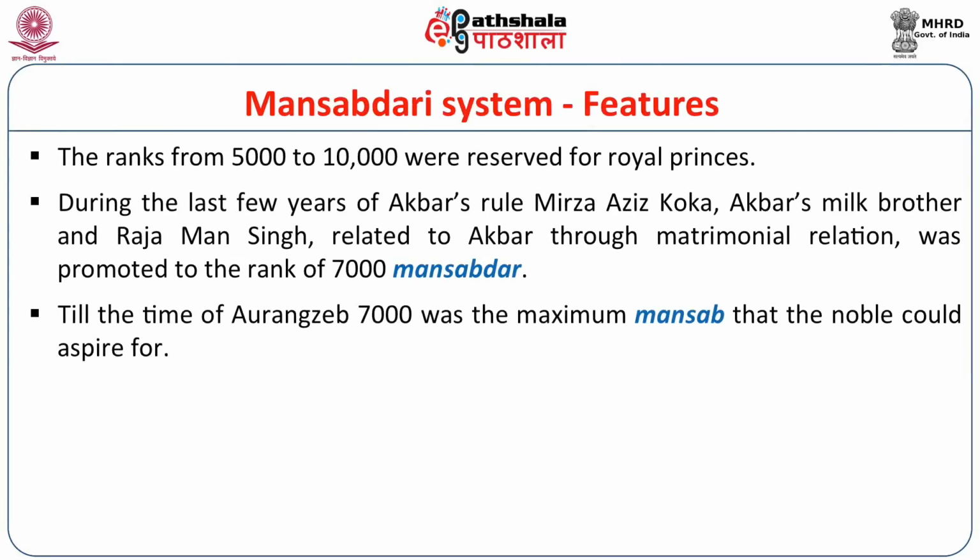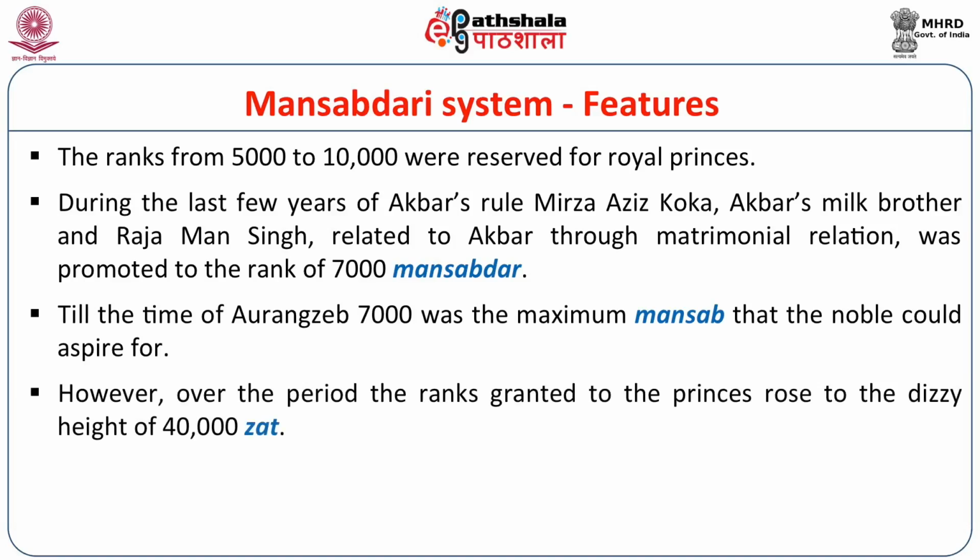Till the time of Aurangzeb, 7,000 was the maximum mansab that a noble could aspire for. However, over the period, the ranks granted to the princes rose to the dizzy height of 40,000 zat.